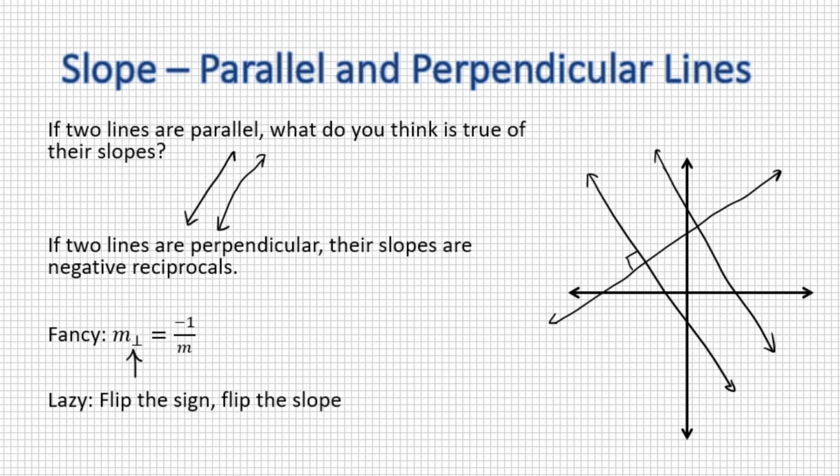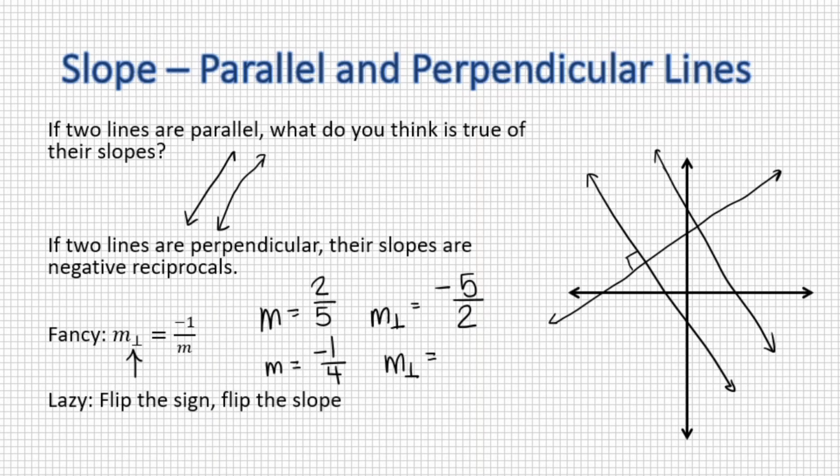What that means is if you have been given a slope of 2/5 and you need to find a perpendicular slope, flip the sign. It was positive, so make it negative, and flip the number. It was 2/5. The reciprocal of 2/5 is 5/2. Couple more. If you have a slope of, let's say, negative 1/4, perpendicular slope will be positive because it was negative.